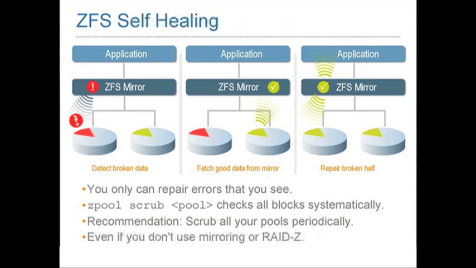So the recommendation is, of course, that for every ZFS pool, you should run zpool scrub regularly, because zpool scrub will systematically go through all your data blocks. It will check all of them, and it will do everything necessary or possible to correct any errors it encounters. Of course, this works best when you have some sort of redundancy in your pool, such as mirroring or RAID-Z. But even if you don't, it's always good to know what's going on.